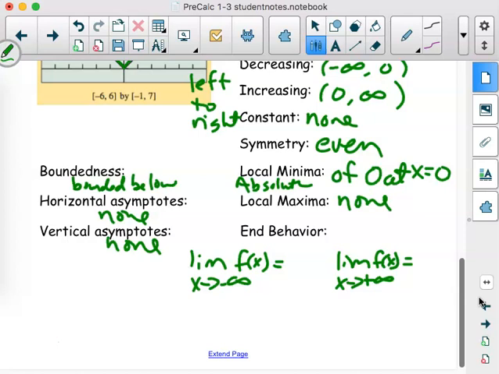So this one says, as we go to the left forever, if you had to only draw the left side of this graph, would it be going up or down? Is it going up? Yeah, so this would be infinity. Only drawing the right side of this graph, where's it going? Infinity again, right, because it's still going up. Both directions it's going up.